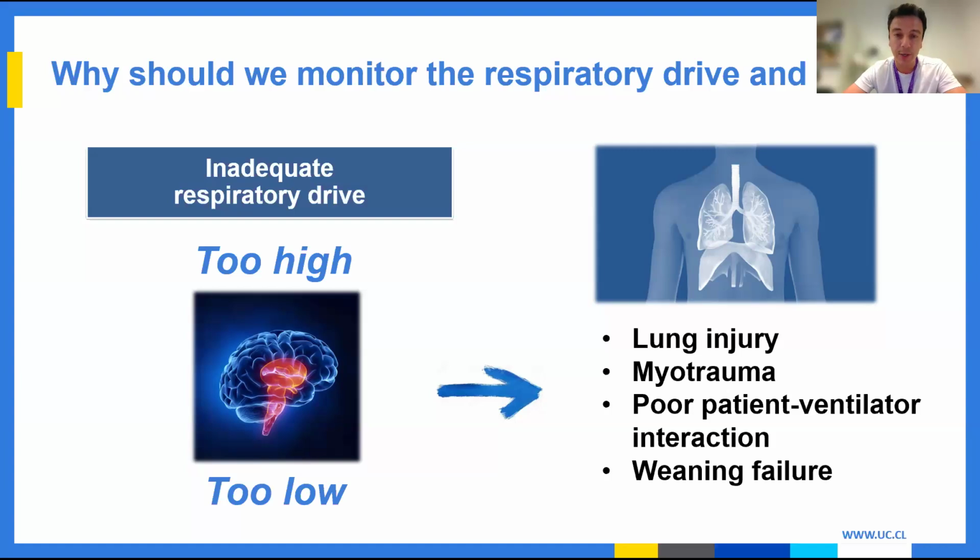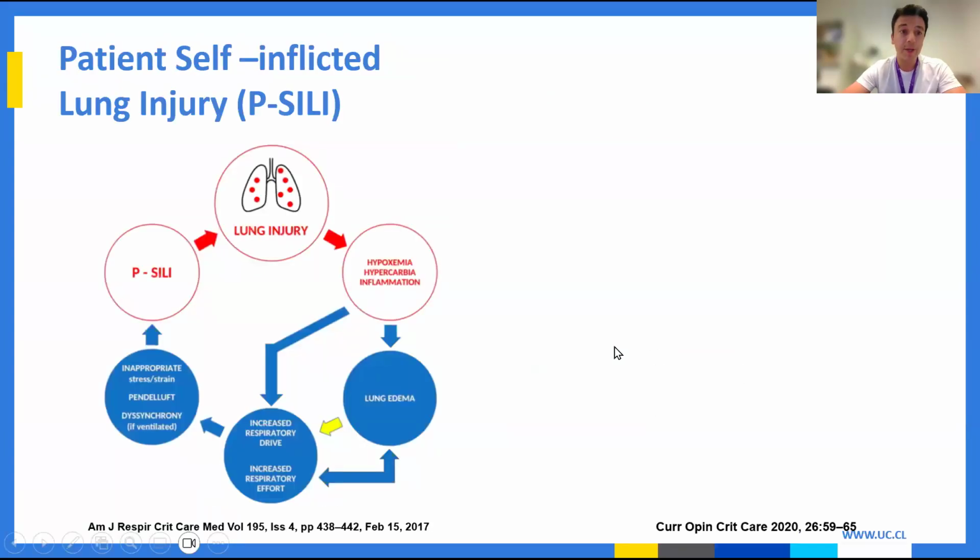So, how can excessive patient effort produce further lung injury? This is the concept known as patient self-inflicted lung injury. In an acute context of inflammation, hypoxemia and hypercarbia, with lung edema and different inflammatory conditions, the patient is going to have increased respiratory drive and increased respiratory effort. That will lead to inappropriate, excessive breathing effort and excessive stress and strain on the lung parenchyma.